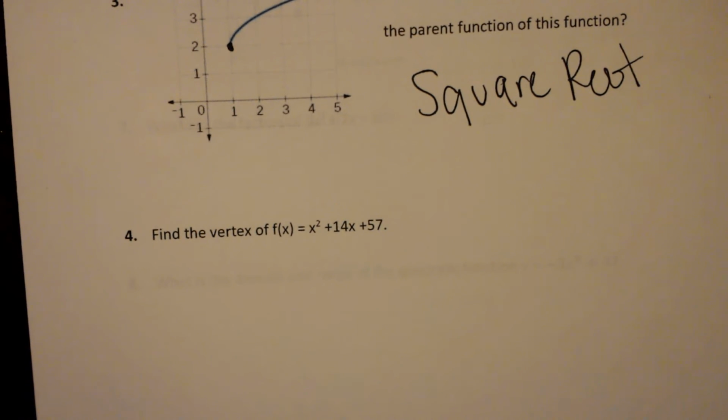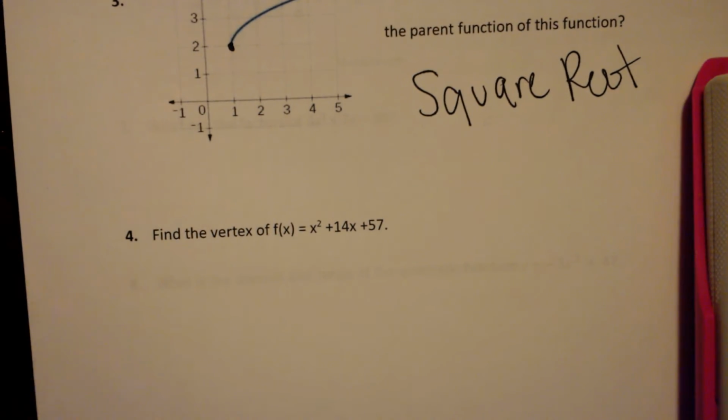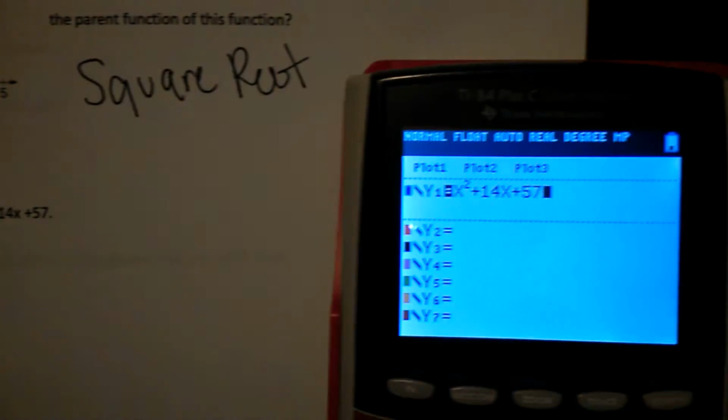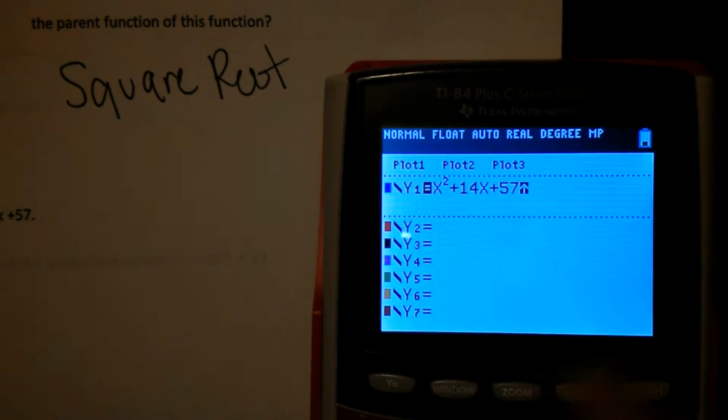Number 4, find the vertex. We did that in the table. If we can't find it in the table, then we're going to have to do something else. But I put it in y1.